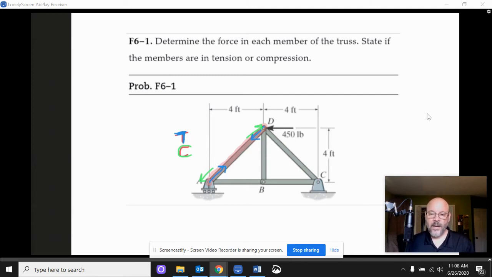Now let's talk about what's happening at the joints. A, B, C, D, those are the joints, where two pieces come together. I've mentioned this before: these joints are what we call pin joints. AB has a hole in it and DC has a hole in it, and they fit together just by that pin.